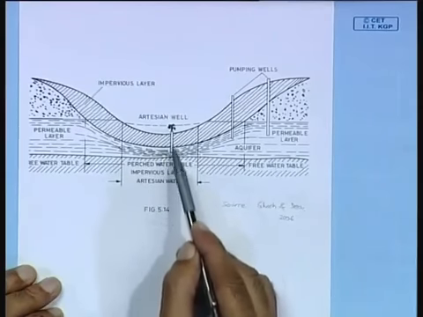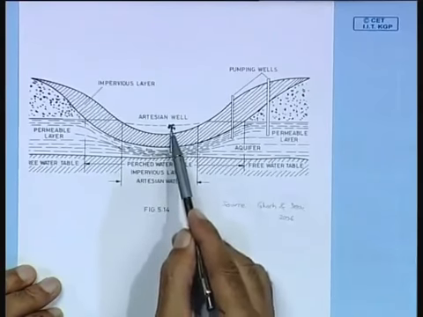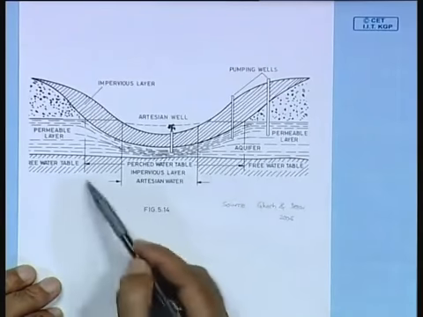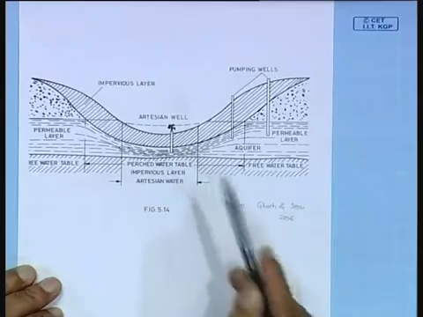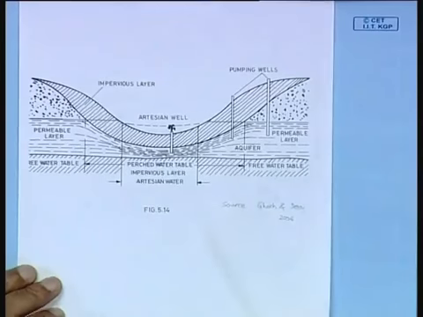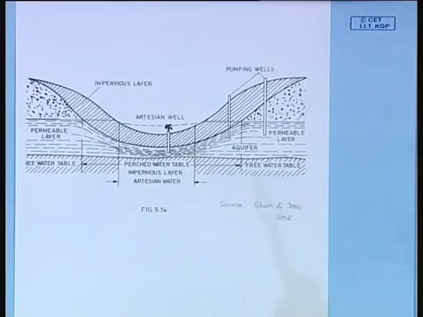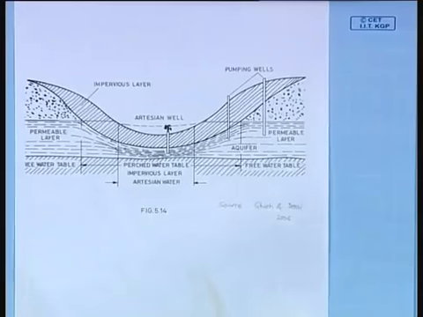And so if we puncture this artesian aquifer, we can get a lot of water. These artesian wells also were developed sometime in the middle of this period.